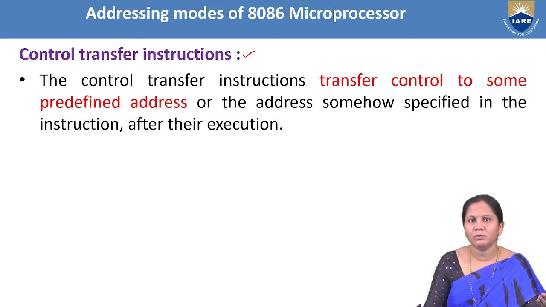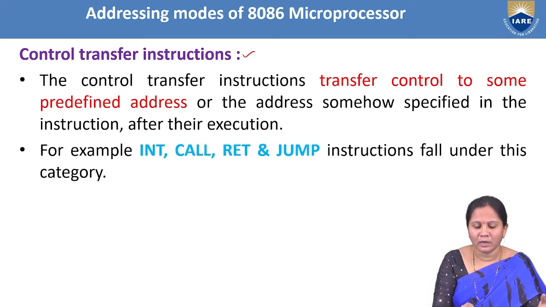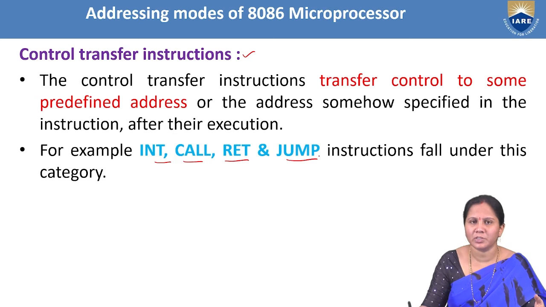So we have to write the examples under control transfer instructions using instructions like jump, call, return. While writing control transfer instructions, we have to use int, call, return, jump instructions.